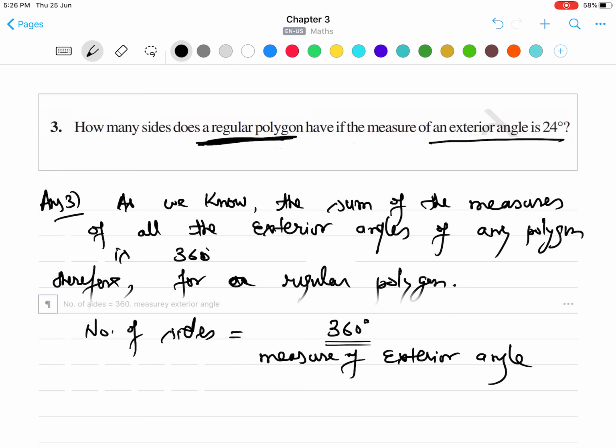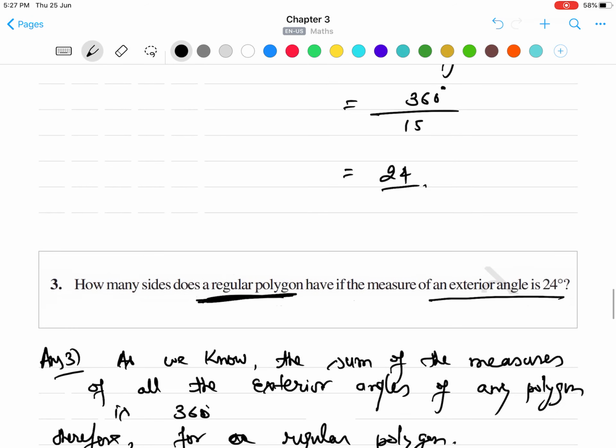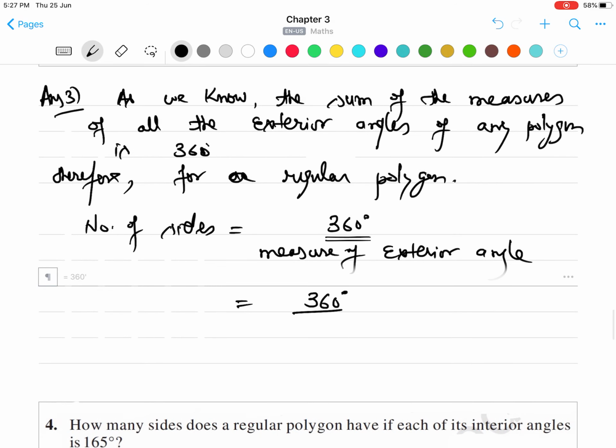Okay, that is 360 degrees, and the exterior angle is given, which is 24 degrees. So when you divide 360 by 24 you will get the answer as 15.